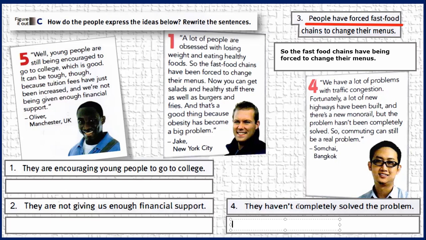Now, what is the way Jake says it? The problem hasn't been completely solved. Very good. Wait. The problem hasn't been, oh, I don't have an apostrophe. Hasn't been, so, there we go. Yes?